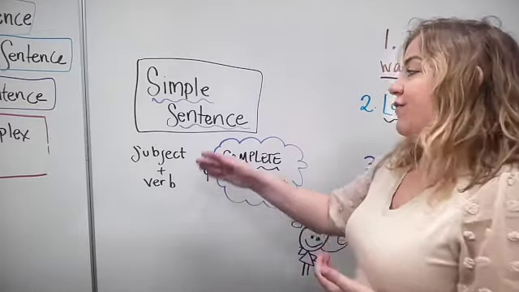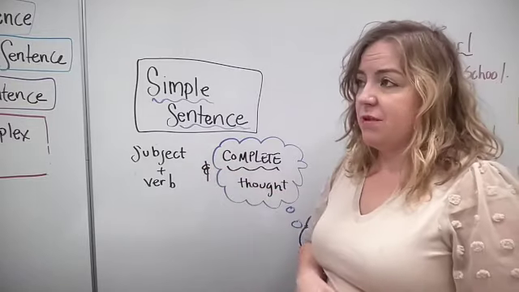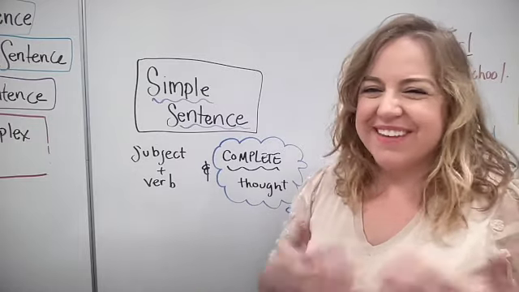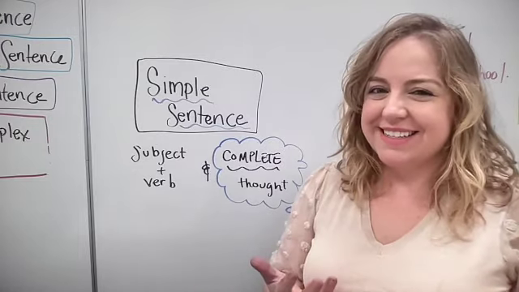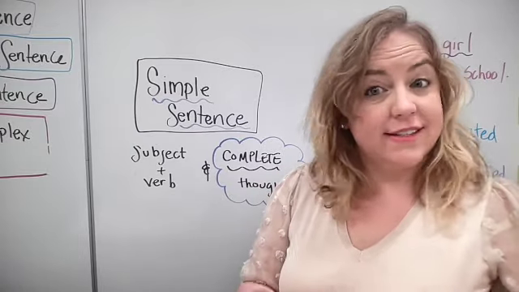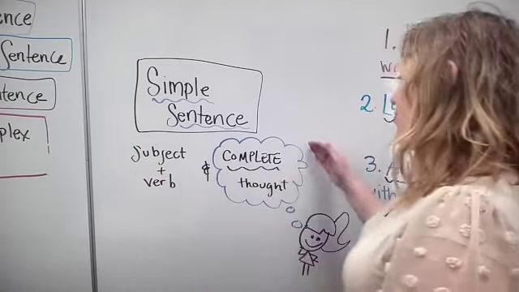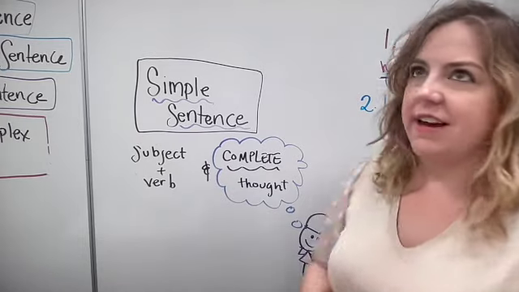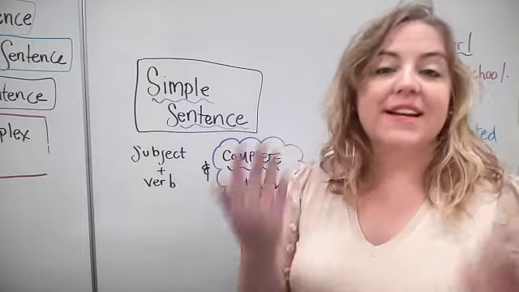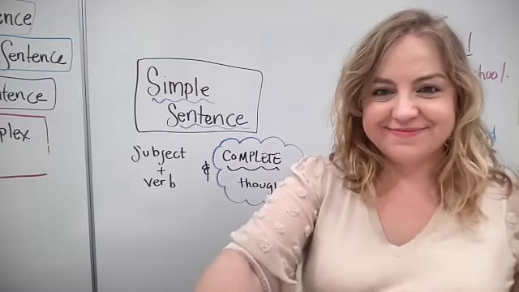For instance, I could technically say "dog walked," but it's not really a complete sentence. While technically it has a subject and verb, it doesn't express a complete thought, the way that adding "the" to make "the dog walked" makes it a more complete thought.